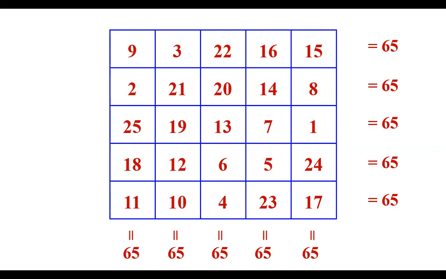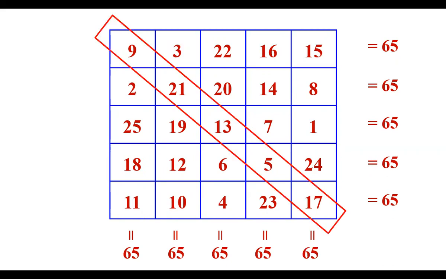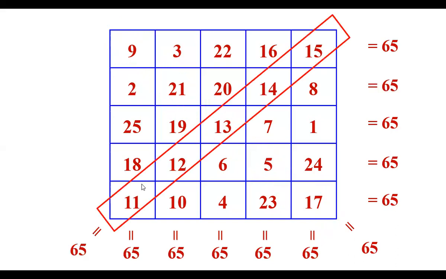All the columns, all the rows are 65 each. Next comes the diagonal elements, 65 again. This diagonal, and here it is again 65. Oh God, we have filled all the cells.